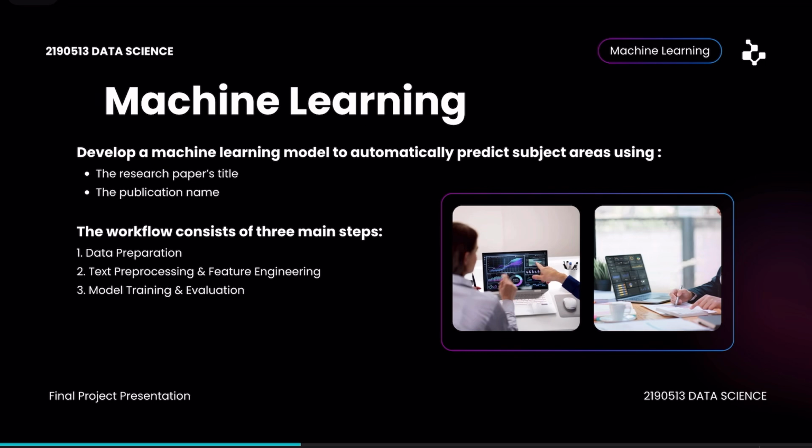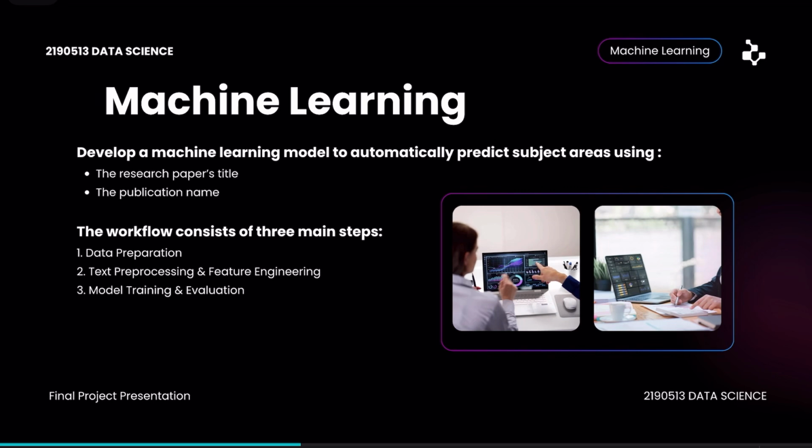And second, text pre-processing and feature engineering. After that, we perform text pre-processing by merging the 2 text fields into one and applying TF-IDF vectorization to extract meaningful numerical representations of the content. And finally, the model training and evaluation.